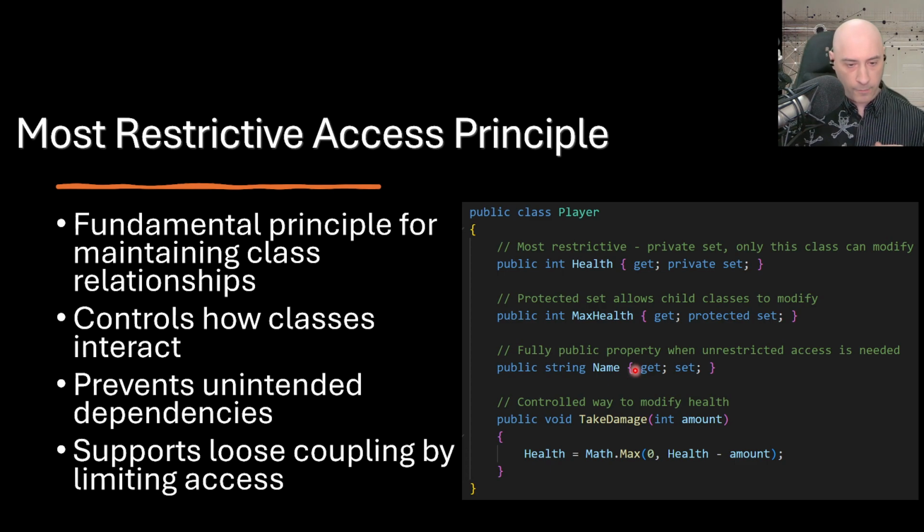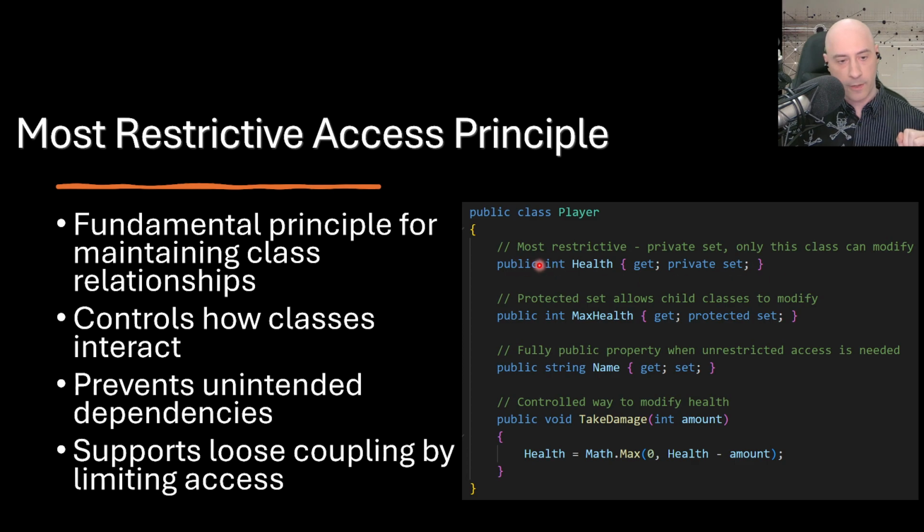For name, it's the most public possible. When a property truly needs to be readable and writable by any class, we can use the simple public string name get set, which makes both getter and setter public.